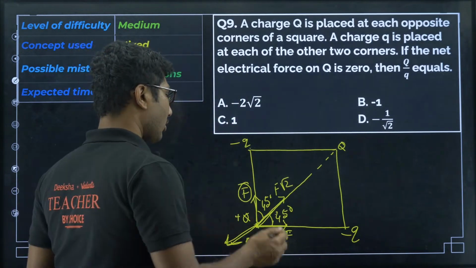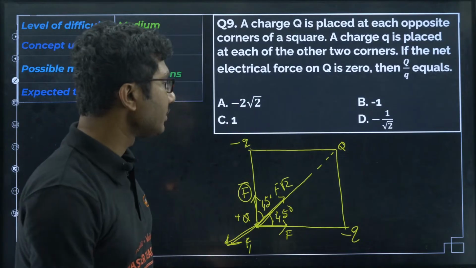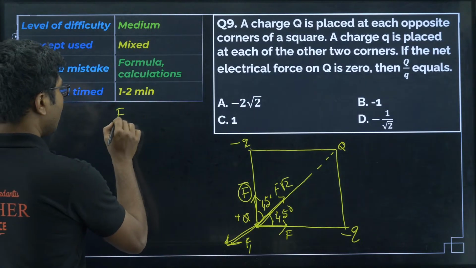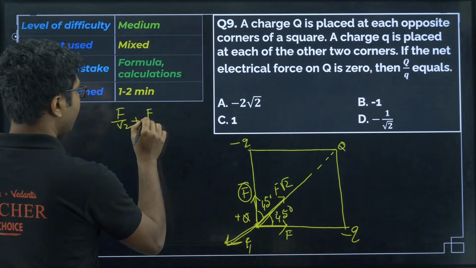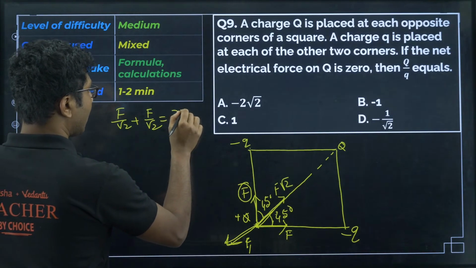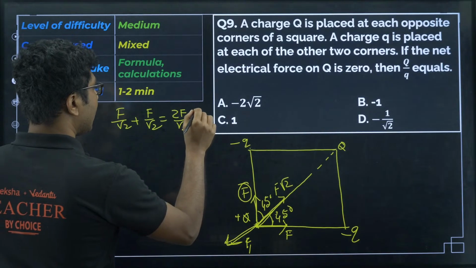The angle is 45 degrees. You can take the cos component or the sin component; in both cases you will get F by root 2 plus F by root 2. So the total sum will be 2F by root 2, which is F root 2.